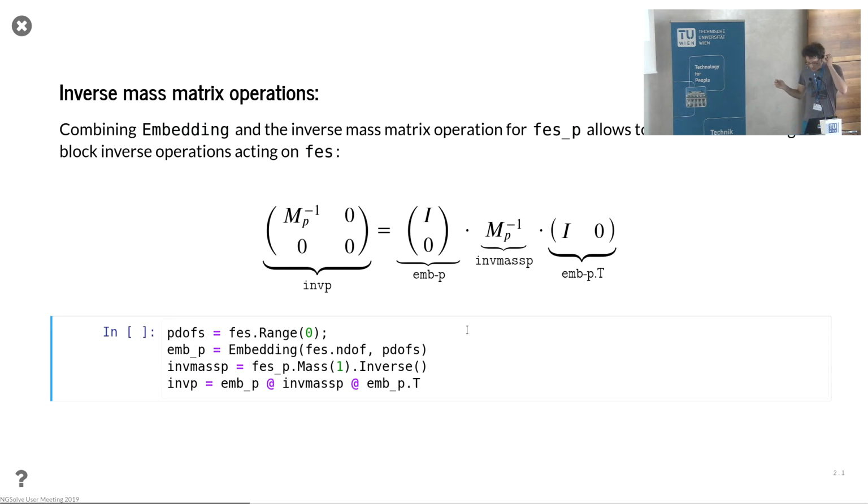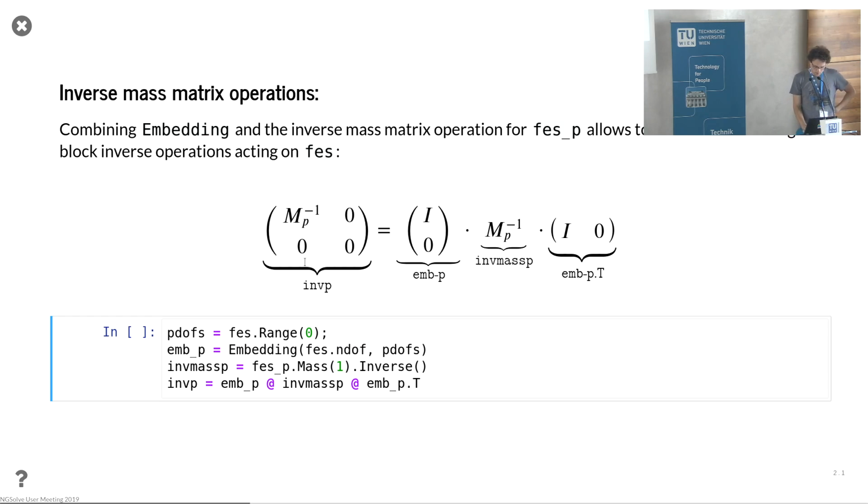Okay, so now we want to work on this product space, and for the explicit time stepping that we want to use, we want to apply mass matrix inverses, again these fast operators that are provided by the spaces. Now we set up corresponding operators for the blocks, and this is what you see here.